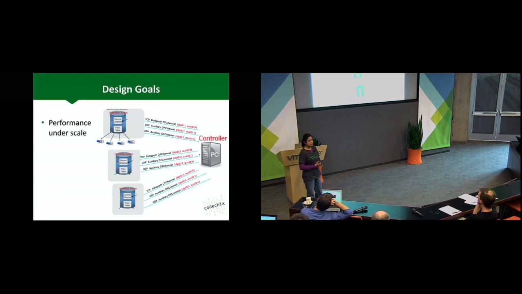Okay. So a design goal that drove a lot of our decisions was to do with performance under scale. And this is where we wanted to introduce some level of complexity as a future objective of being able to handle a lot of scale. This picture actually demonstrates what we want to achieve. Here we have one controller driving multiple switches.